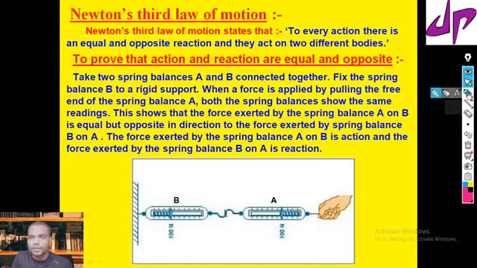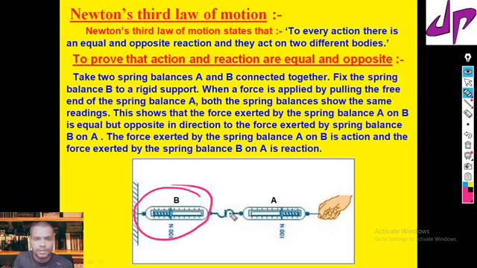Suppose I have two springs, this is spring 1 and this is another spring, and they are both connected. Now if I apply force on spring A, I am pulling. If we pull in this direction, that is my action.